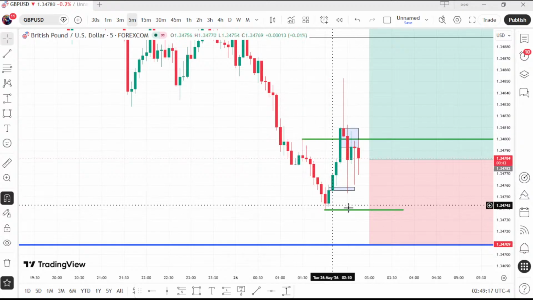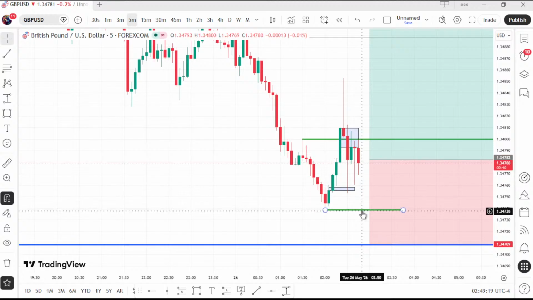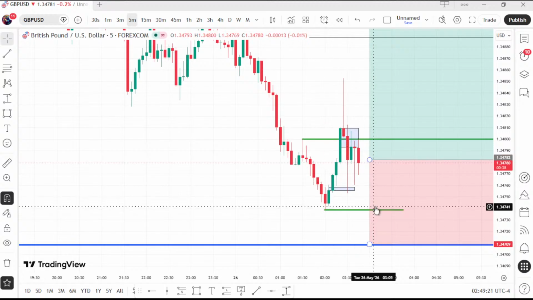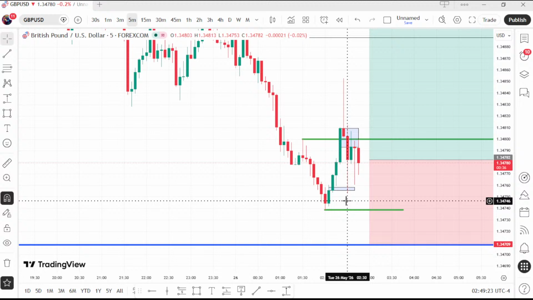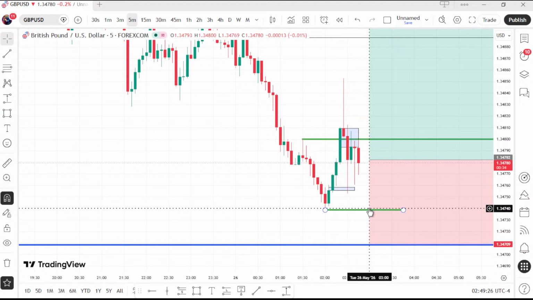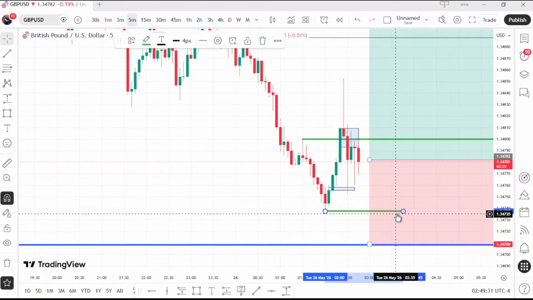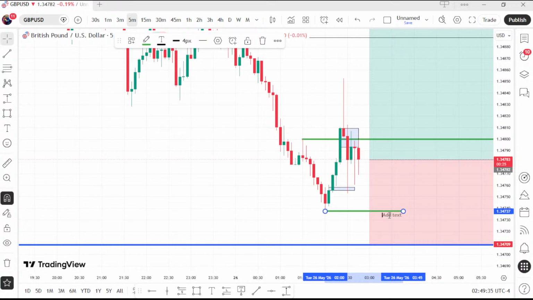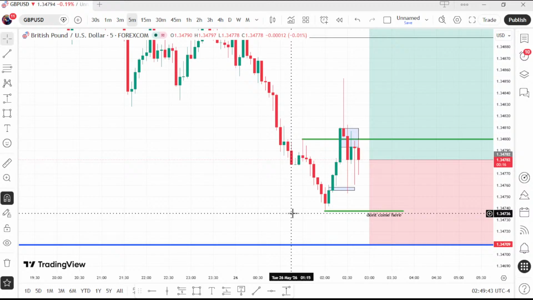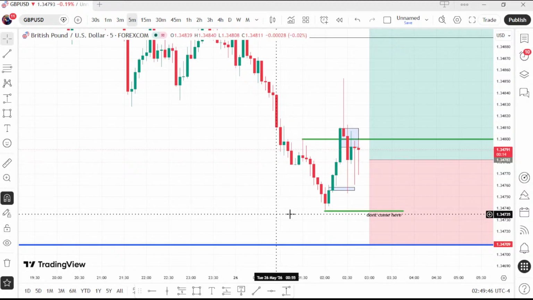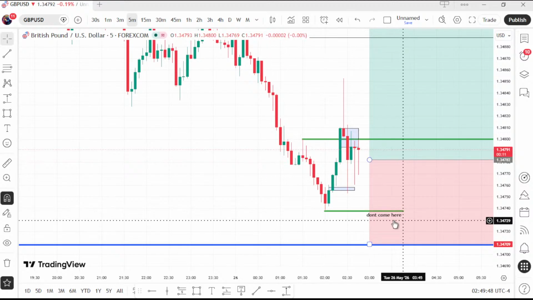If it comes below that, it might be a fake out, then continue to go. Let's say the dollar here. If it comes, you're probably wrong. Don't come here.